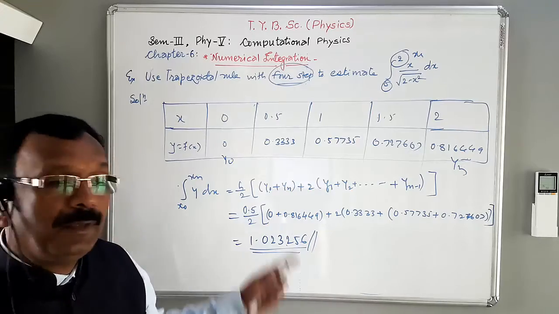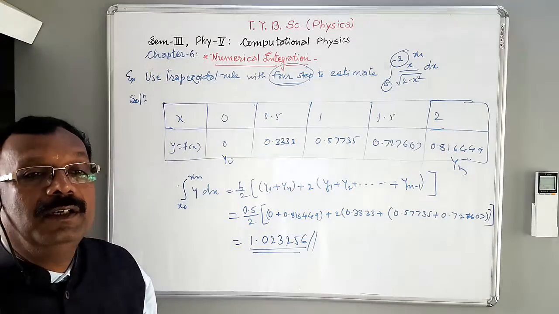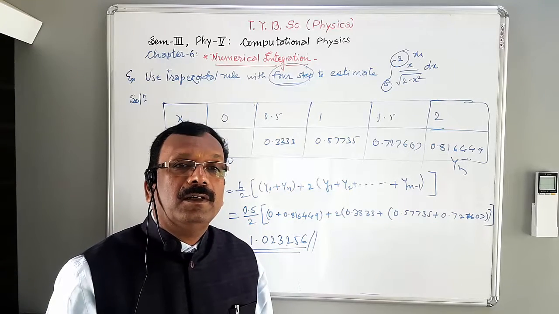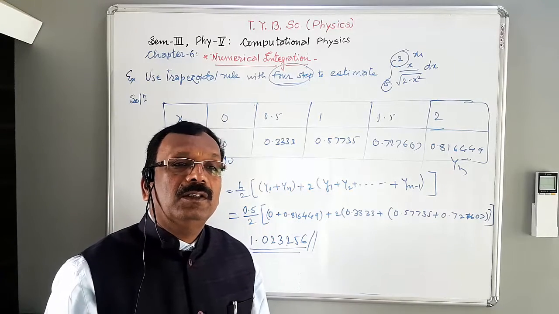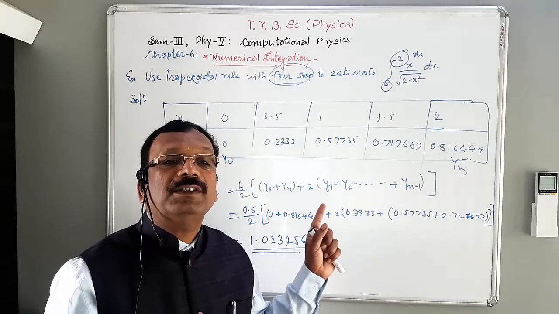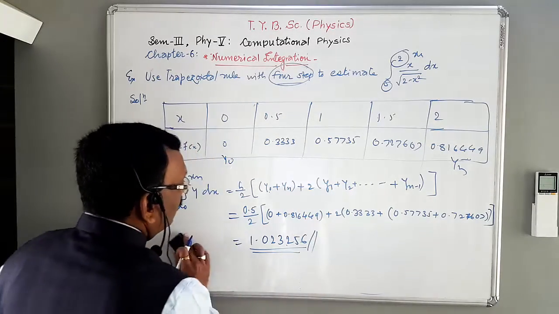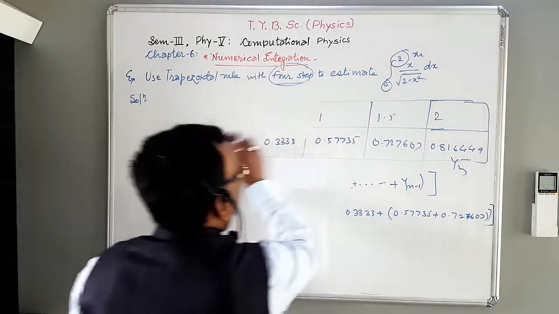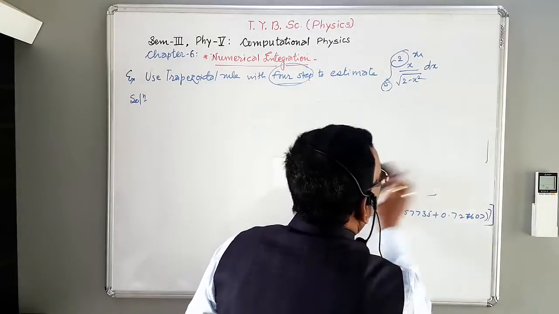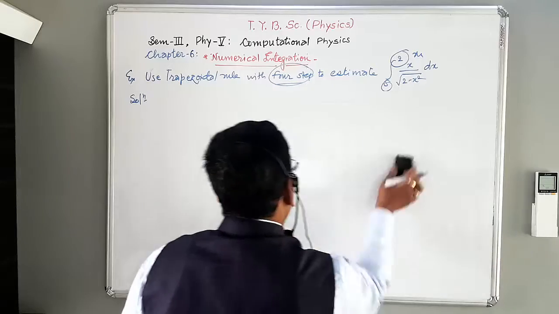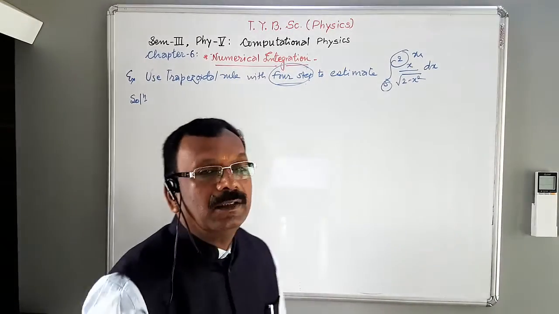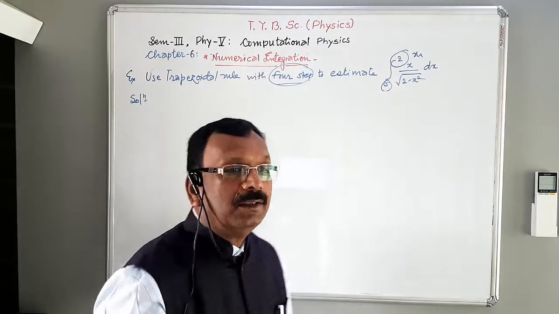Now, from this method and from this example, we can prepare an algorithm for integrating a tabulated function using the trapezoidal rule. That means we simply write down the procedure in a particular form or logical sequence. Algorithm for the trapezoidal rule.